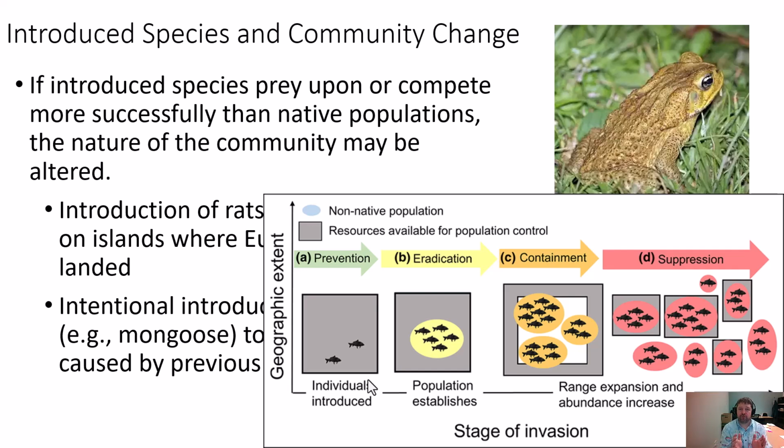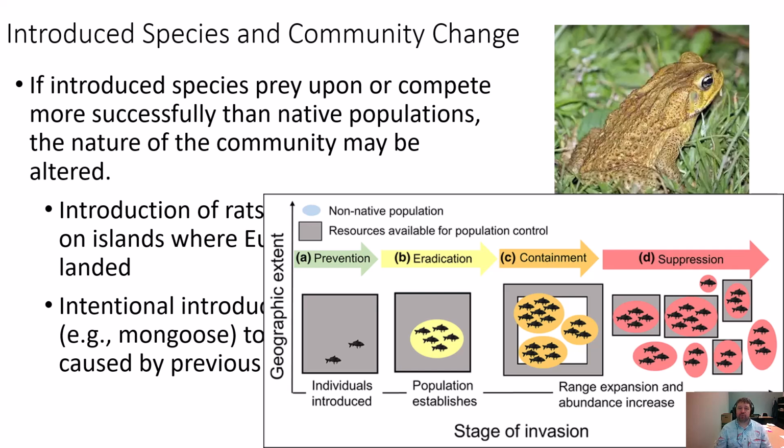Okay, so we don't call them invasive. We call native species a pest, because they're native. They actually belong there, but we often treat them as not. We don't want to eradicate them. We want to prevent them or contain them.